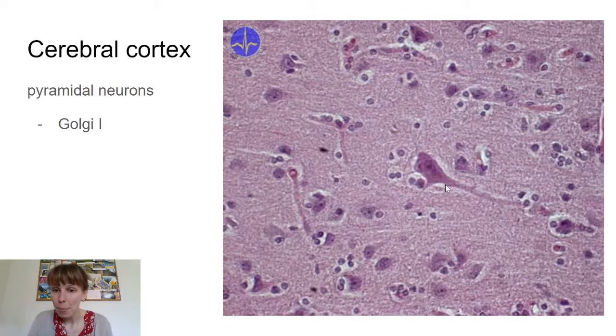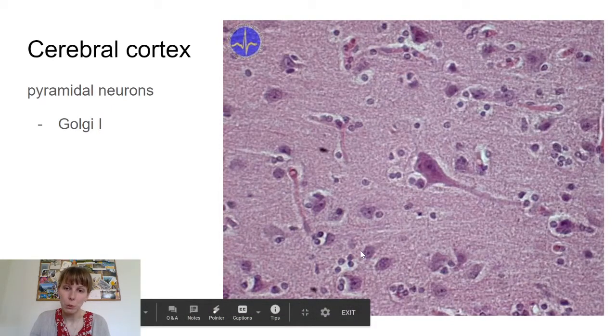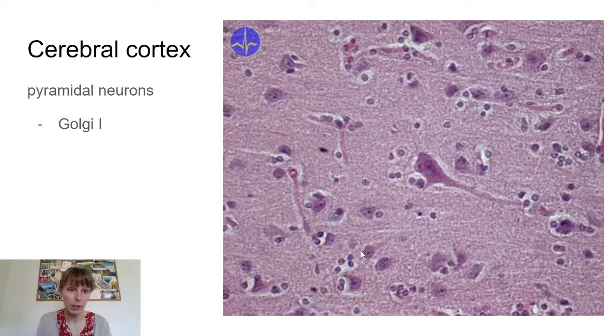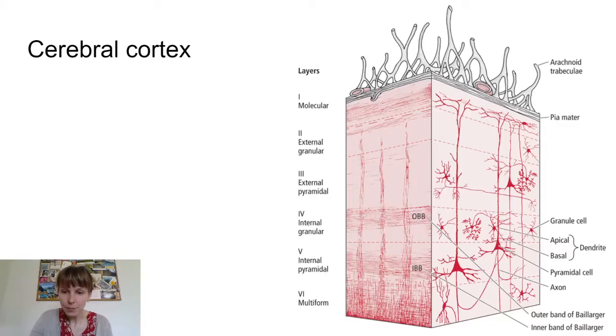So when you see in the brain cortex a big cell like this, it's safe to say this is a pyramidal neuron. What you see around, there are many more nuclei, many more cells. Some of those will be glial cells, probably these tiny ones where you only really see the nucleus, and some of them will be smaller neurons, because you don't only have the pyramidal neurons in the cortex, but you also have the interneurons, for example. So the pyramidal cells are Golgi type 1 and they will be forming the long projection somewhere else. But there are a lot of interneurons, Golgi type 2, smaller ones, which will be there interconnecting these cells. You can see it here.